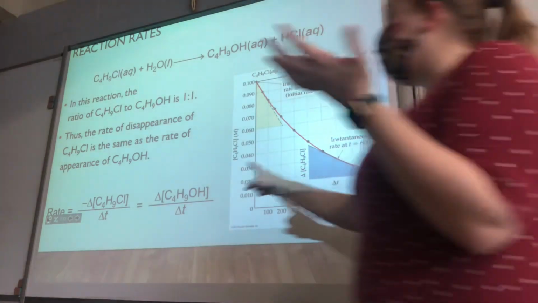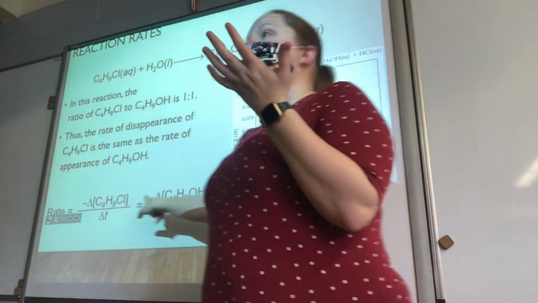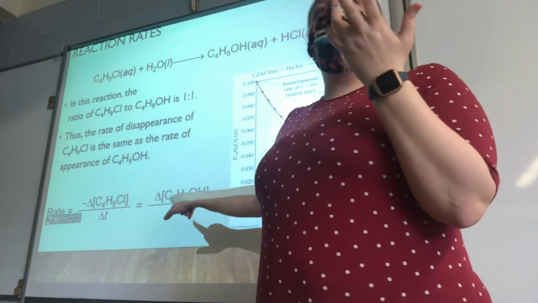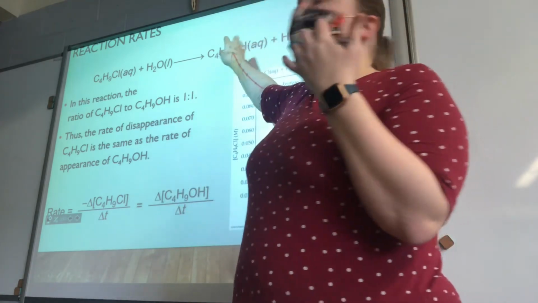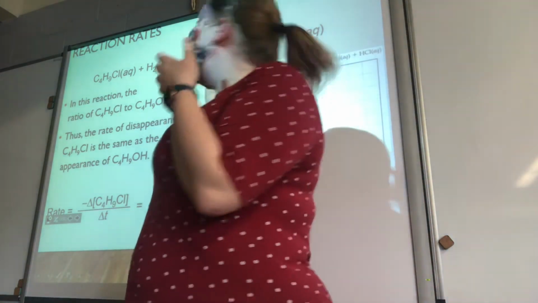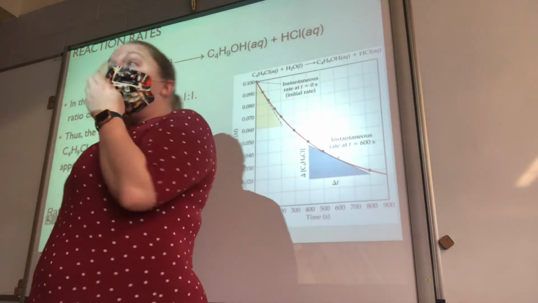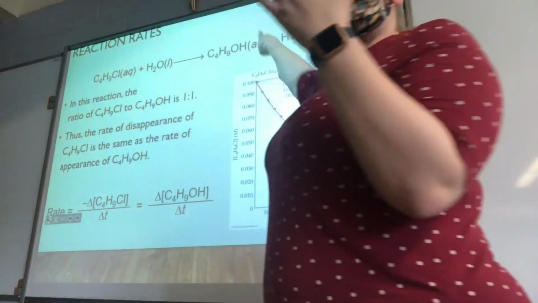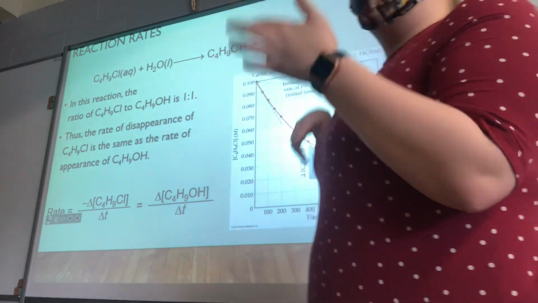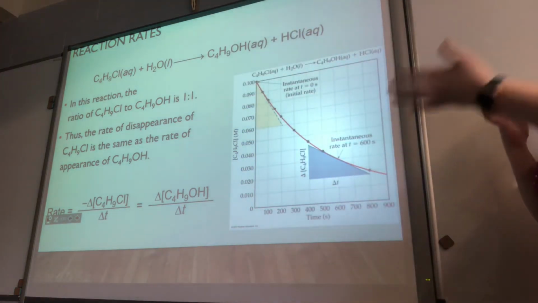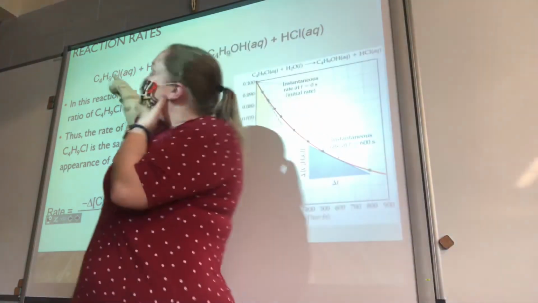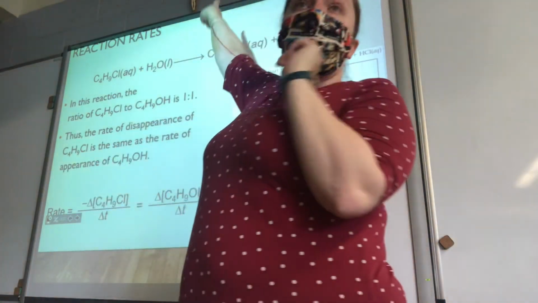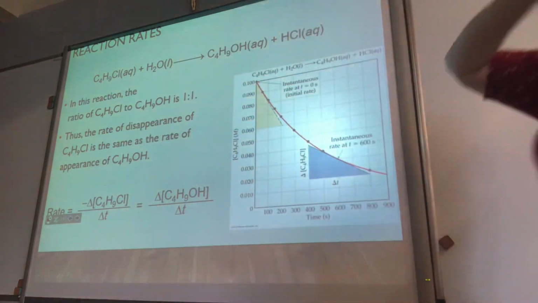Now, will these always equal each other? Absolutely not. Remember that there's multiple things happening here. We may be only producing half of this for every one of these, depending on the coefficients of the equation, right? For this particular example, as one of these disappears, one of these appears because of the molar equivalency here.